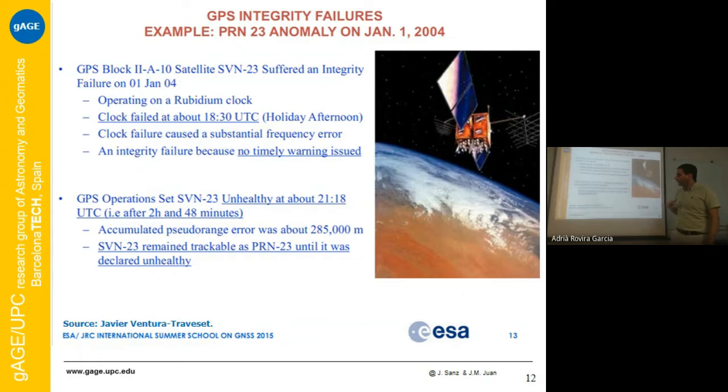In particular, there were almost 3 hours of delay between the failure and the first warning. So you can see that this is something real, and this happens. The probability is small, but failures happen from time to time. And so we will see how this affects.